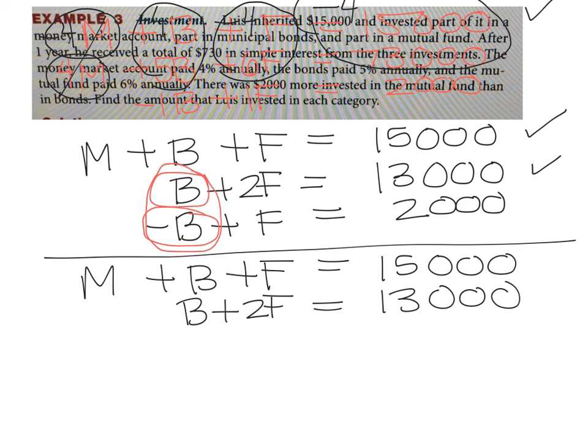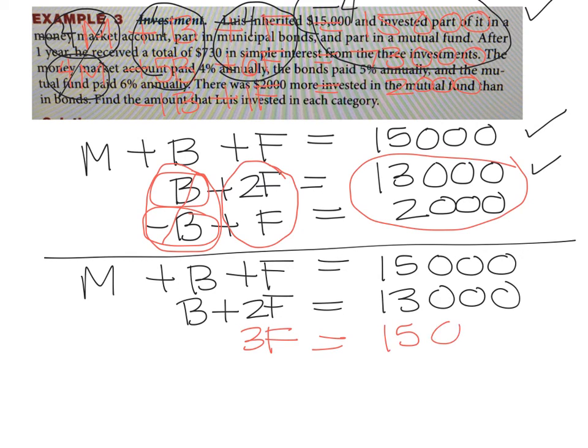So positive B and negative B cancel. Positive 2 plus positive 1 makes 3F. Positive 13,000 and positive 2,000 makes positive 15,000.